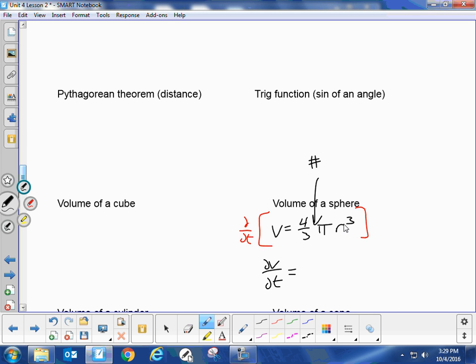Well, it'll be 3r squared dr/dt, so 4/3 pi times 3r squared dr/dt. And then you can cancel the 3's, and you have 4 pi r squared dr/dt. So it turns out the change in my volume of a sphere is related to how fast my radius is growing, and the radius's size.